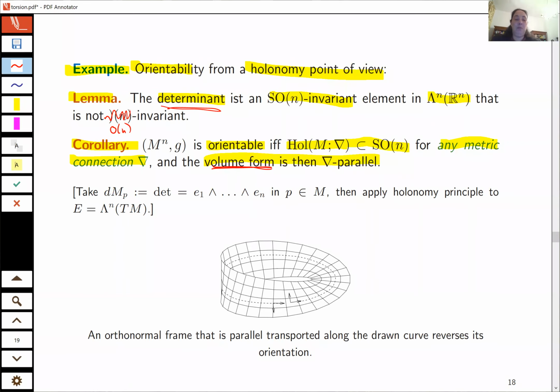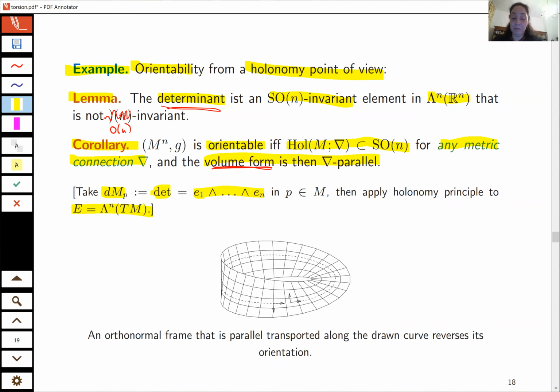And the proof is one line. So the volume form is basically the determinant. I take e1 wedge e2 wedge en at some point, and then I apply the holonomy principle to this, saying that a parallel object will correspond to a holonomy invariant object.